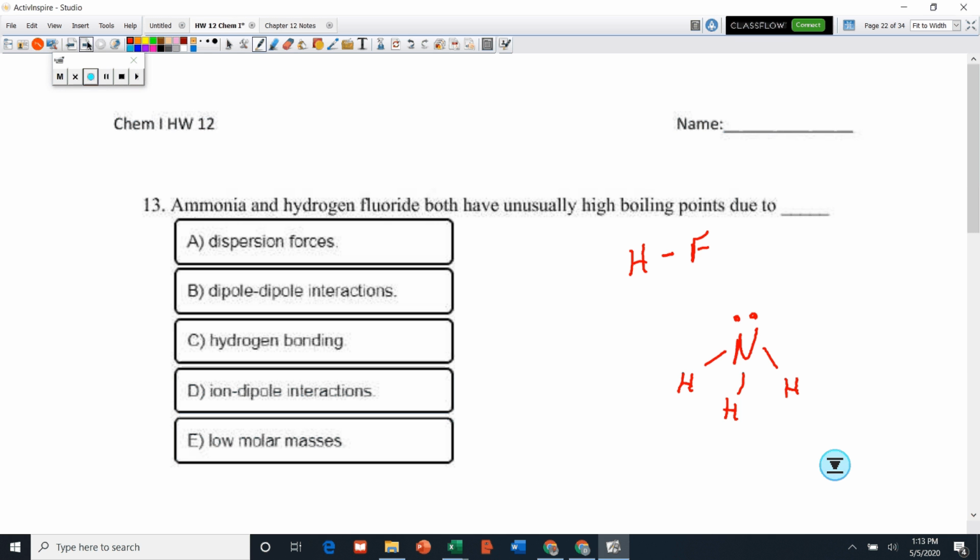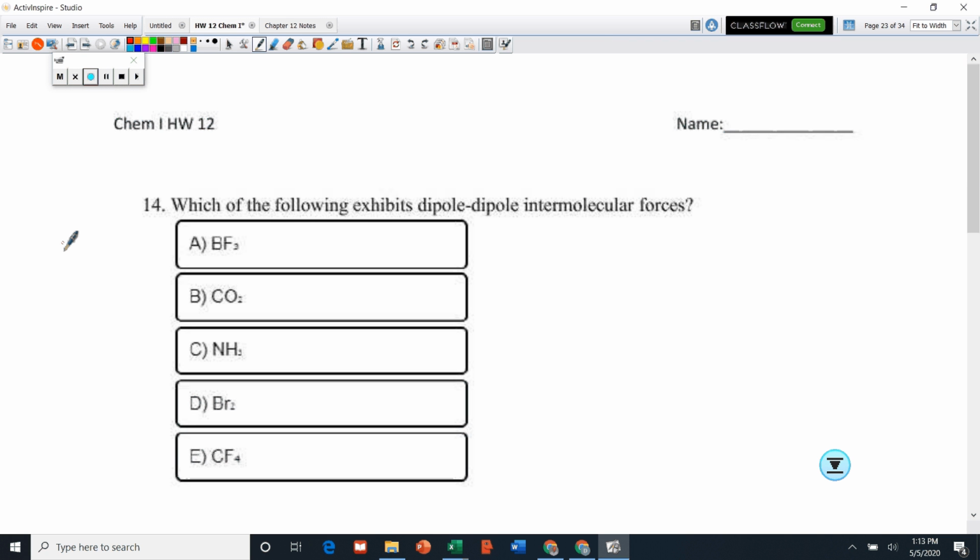What type of intermolecular forces can both of those exhibit? Which of the following exhibits dipole-dipole intermolecular forces? So it needs to be polar, and it cannot have nitrogen, oxygen, or fluorine attached to a hydrogen.